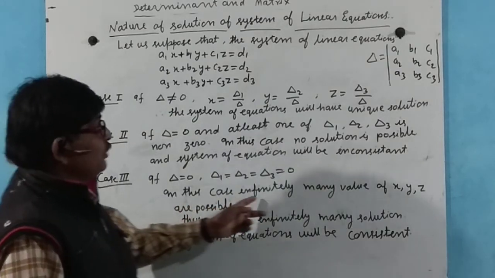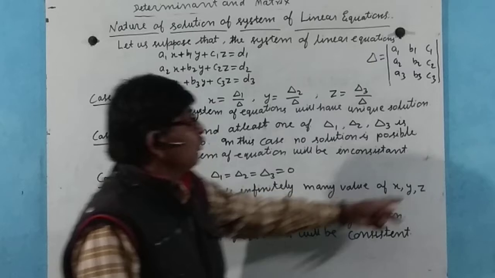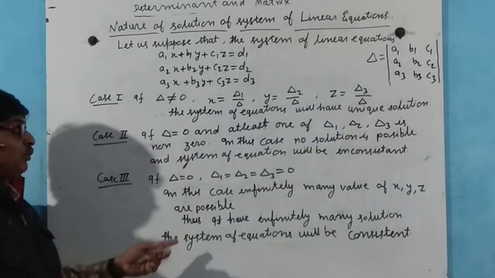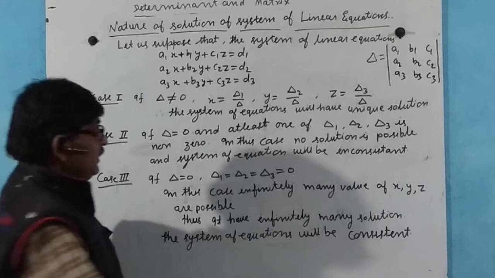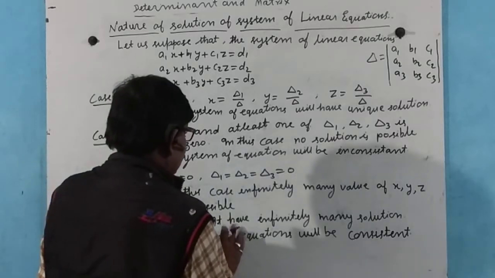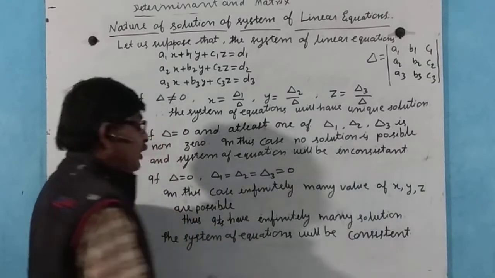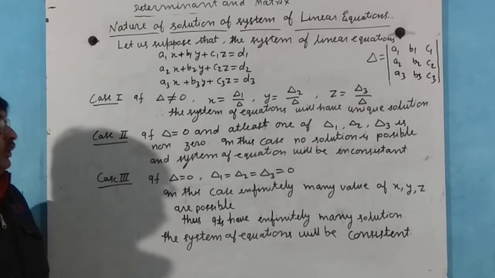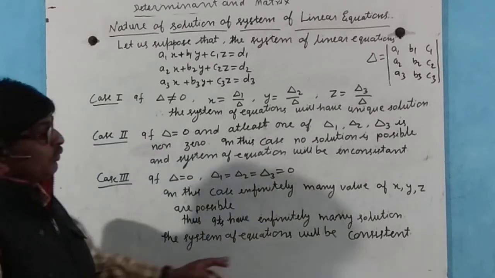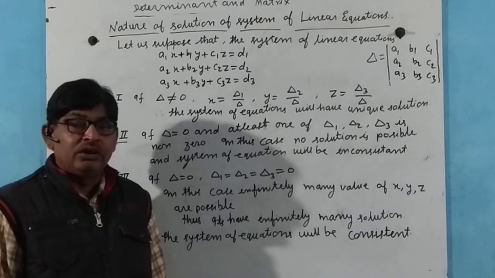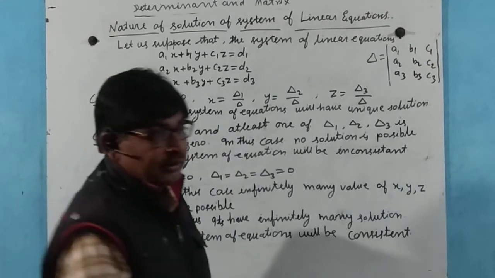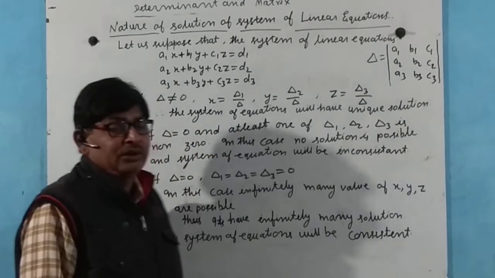In this case, infinitely many values of x, y, z are possible. Thus it has infinitely many solutions and the system of equations will be consistent. Now we take one example on the basis.